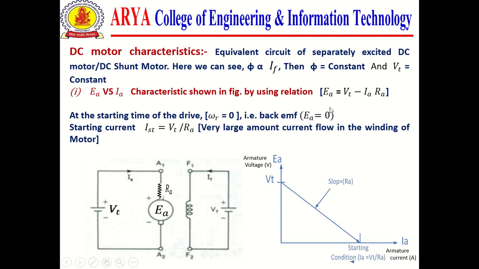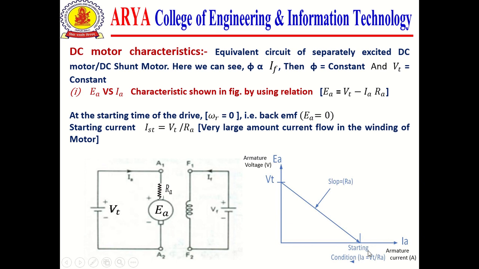If Ia equals 0, then Ea equals Vt. If the armature voltage is 0, then Ia equals Vt upon Ra.